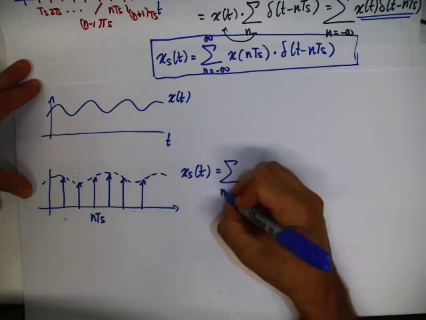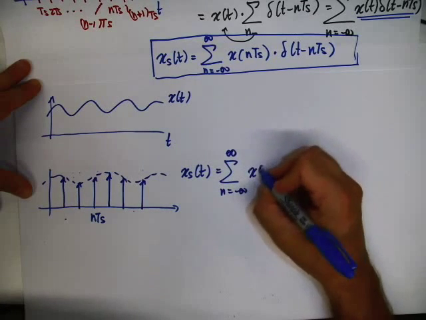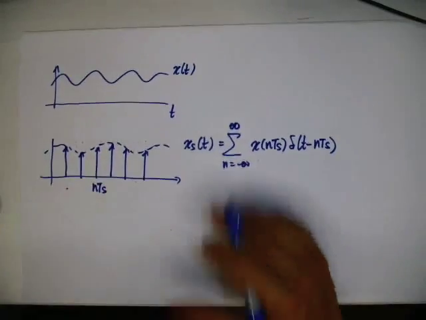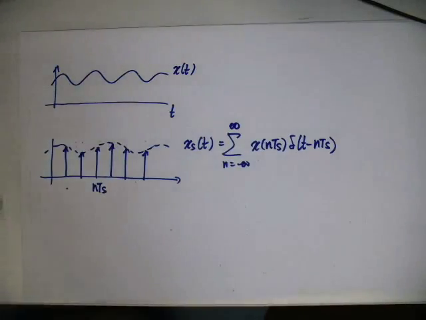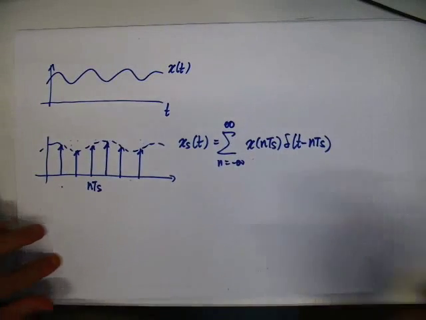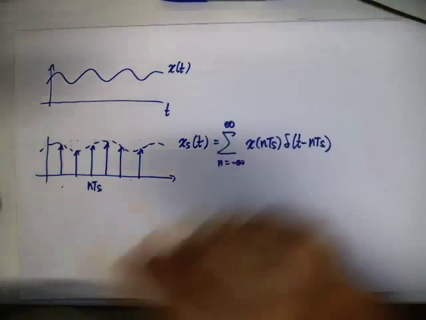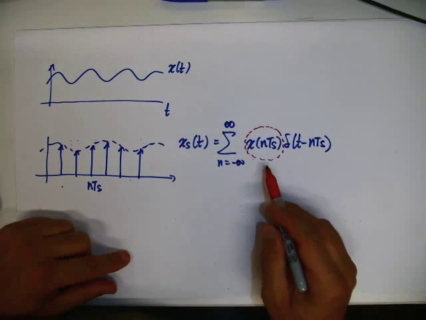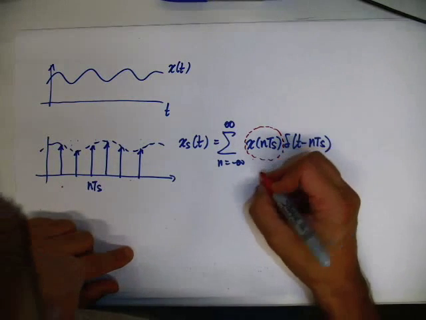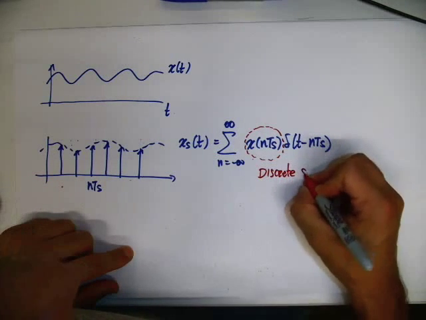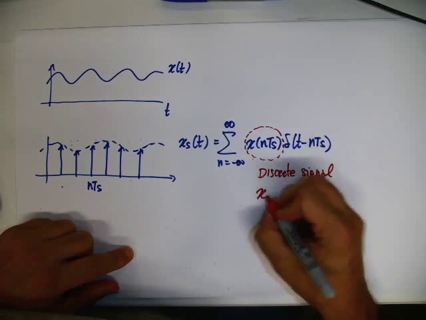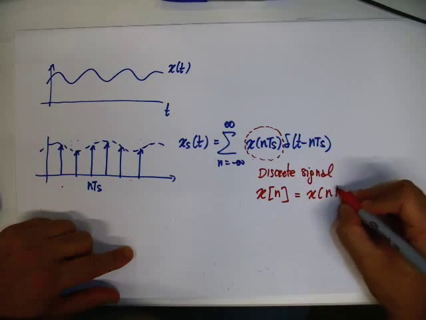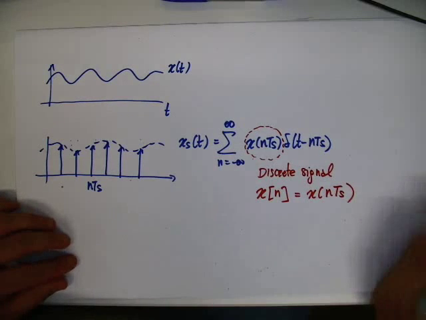What we see here is basically the discrete signal that we call x square bracket n, which is equal to the continuous signal sampled at nts.